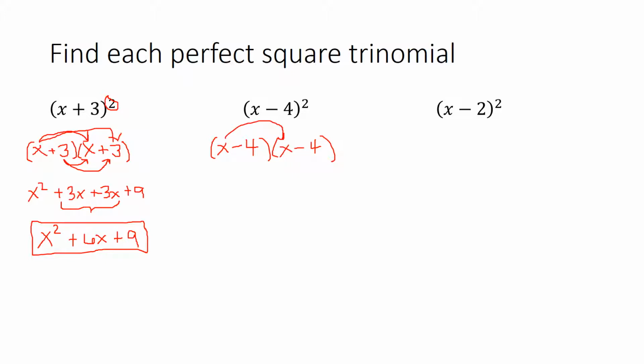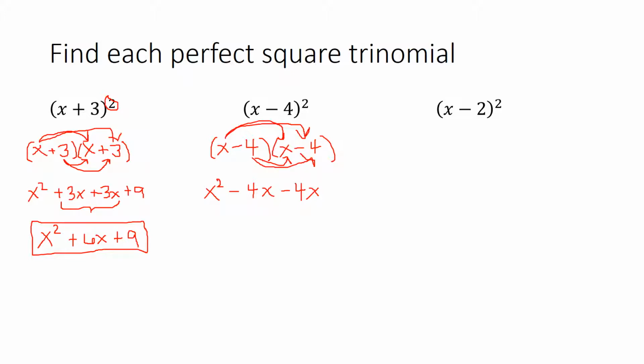If we multiply this out, we would start with the first two terms. x times x is x squared. Then we would move on to the outside terms. x times negative 4 is negative 4x. Moving to the inside terms, we have negative 4 times x, which again is negative 4x.